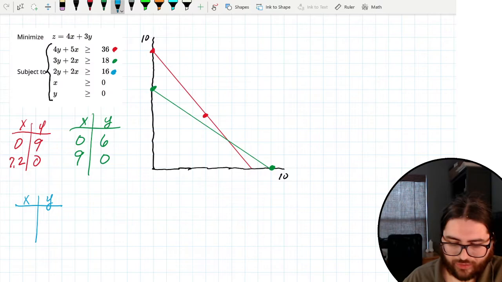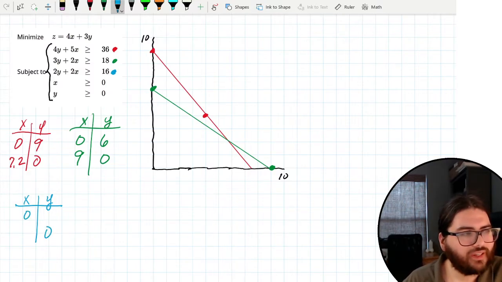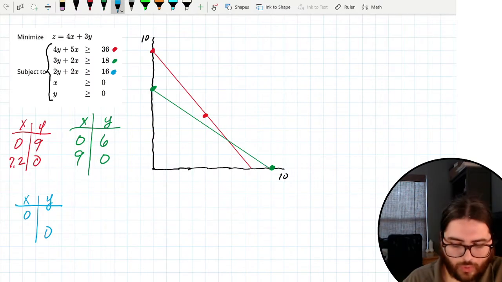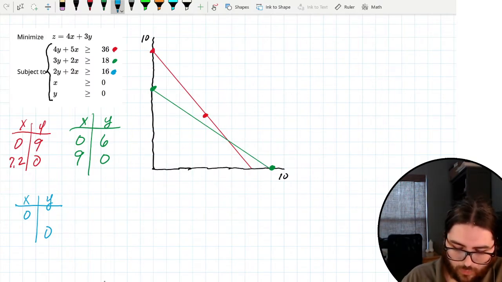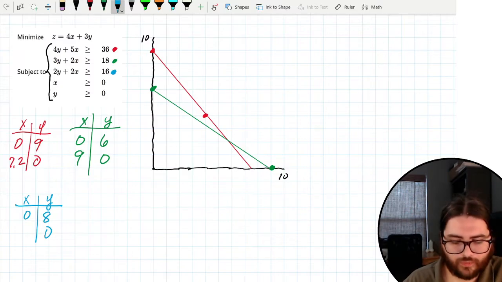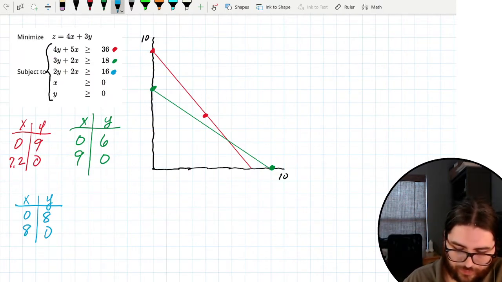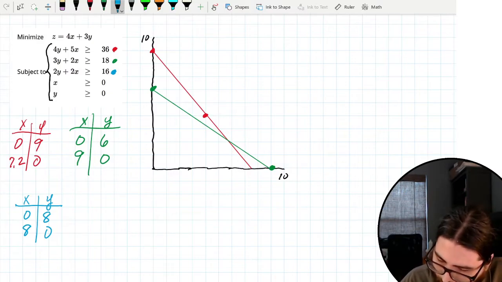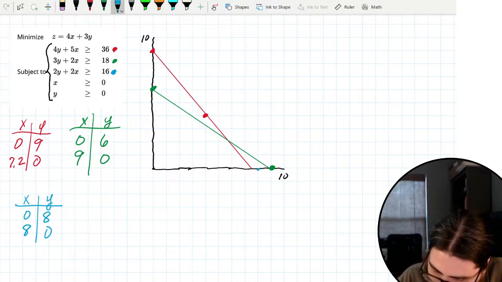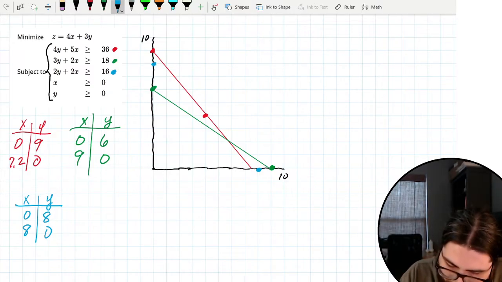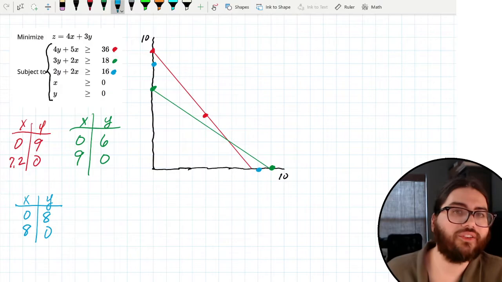2y plus 2x is equal to 16. I bet you this one's easier. Plug in x equals 0, 2y equals 16, y equals 8. Plug in y equals 0, 2x equals 16, x equals 8. So 8, 0 and 0, 8.